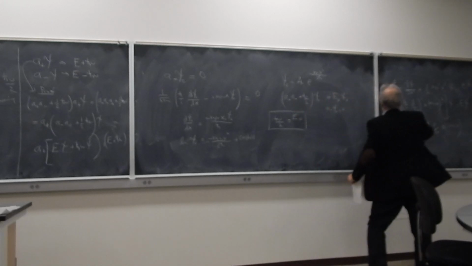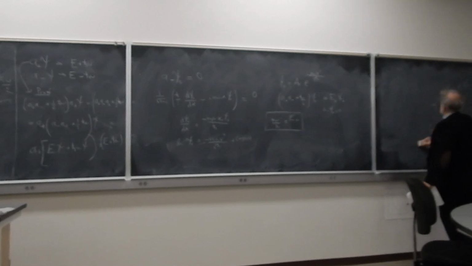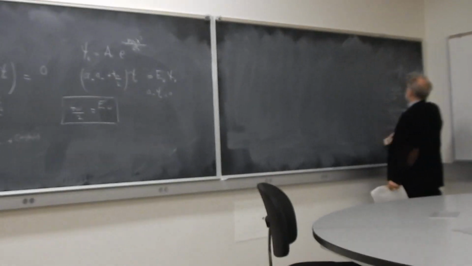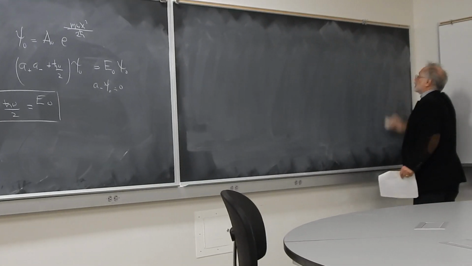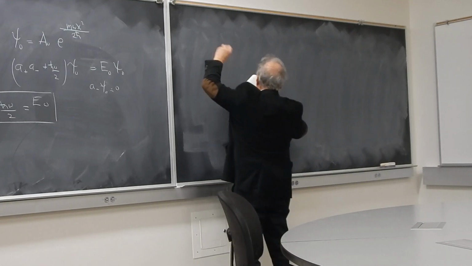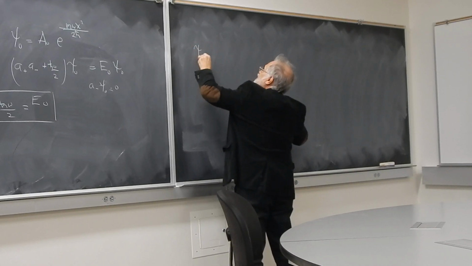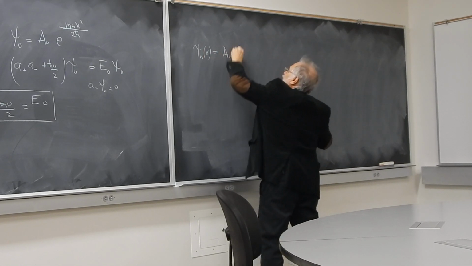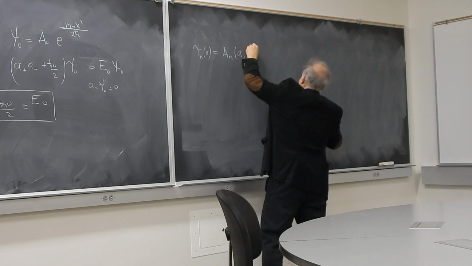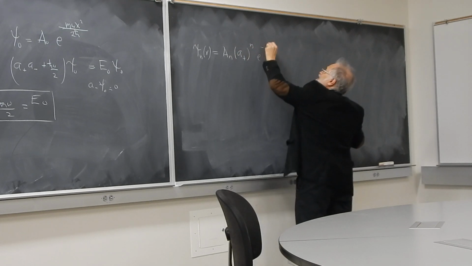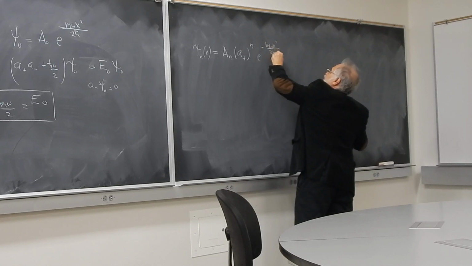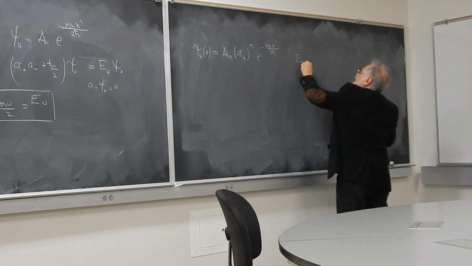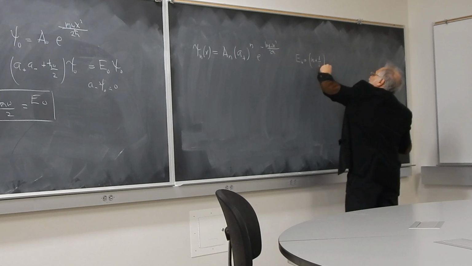And so we may write that out in this way. Let's say psi sub n of x would be equal to a sub n times our raising operator applied n times to the function e to the minus m omega x squared over 2h bar, where E sub n in this case is equal to n plus 1/2 h bar omega.